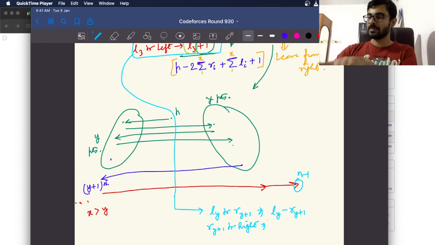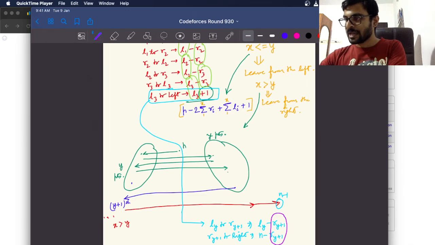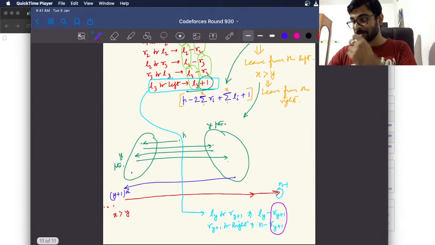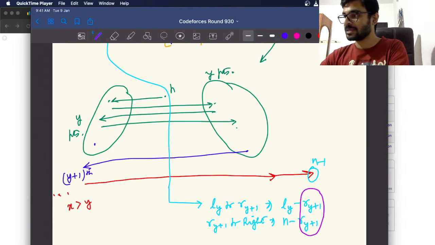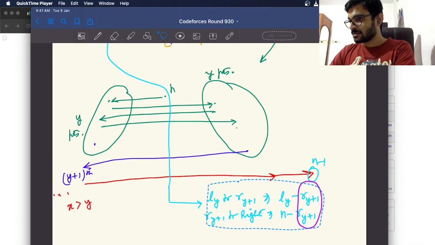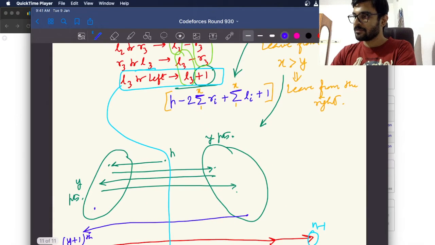So n minus 1 minus this plus 1, which means n minus R of Y plus 1. Here also you see that R of Y plus 1 occurs in pairs, and there was one Ly over here, you have a similar Ly over here. So the parity is not changing, they all still occur in pairs. So if you combine them, the expression that you get is somewhat like this, very similar to this.